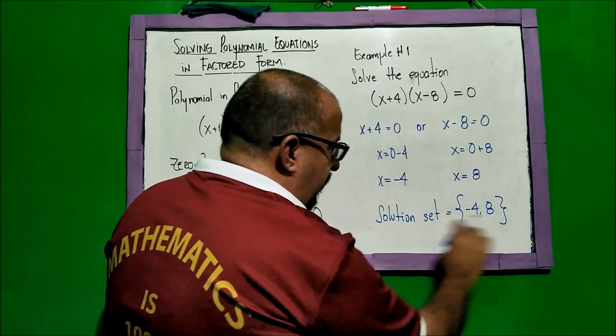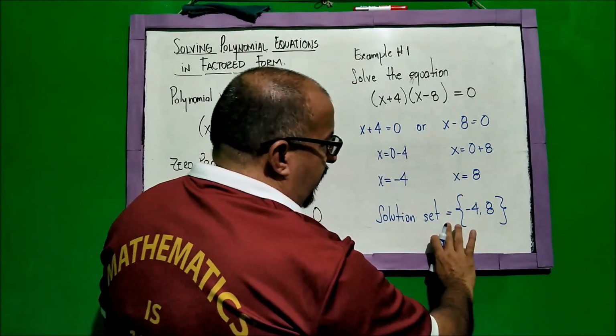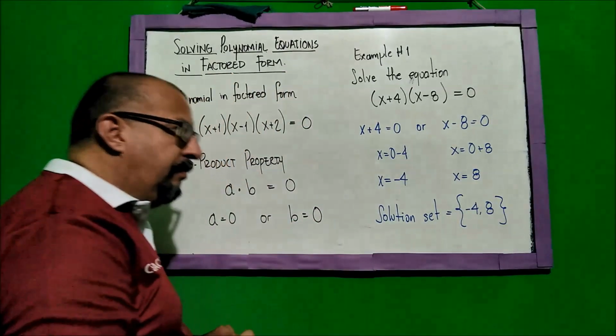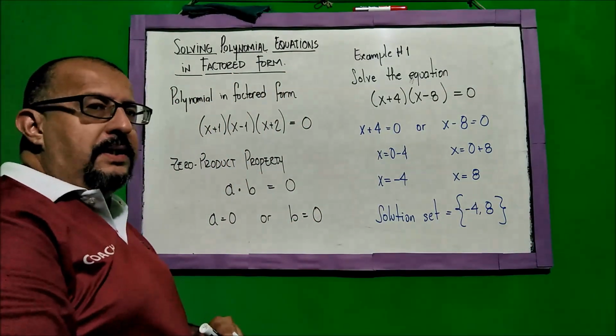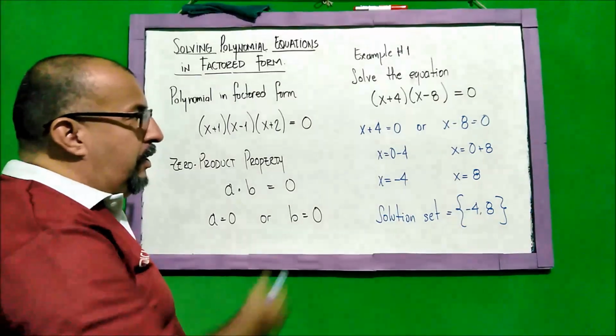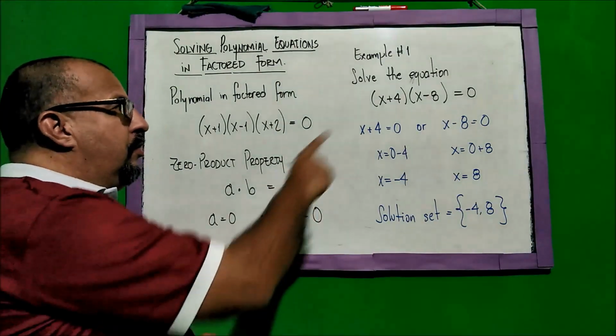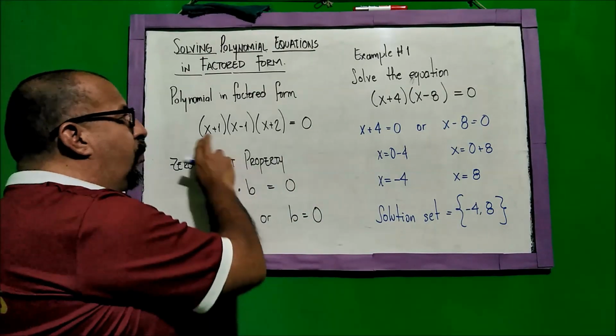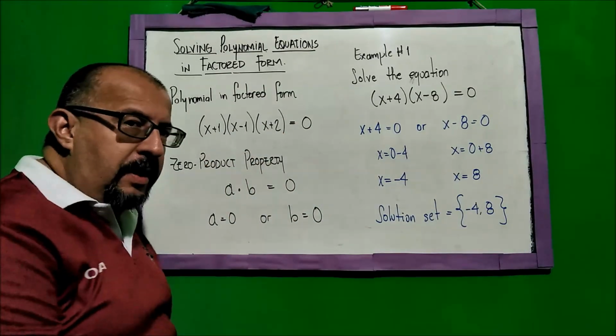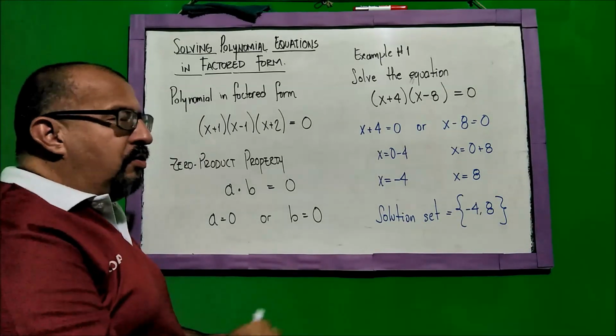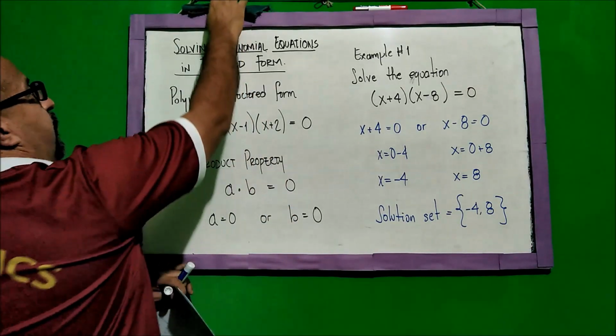Okay? For convenience, always write them from the least to the greatest when you write set notations. Okay? There you have an example of an equation that is solved using the zero product property and that was written originally in factor form. Let's continue doing more examples.